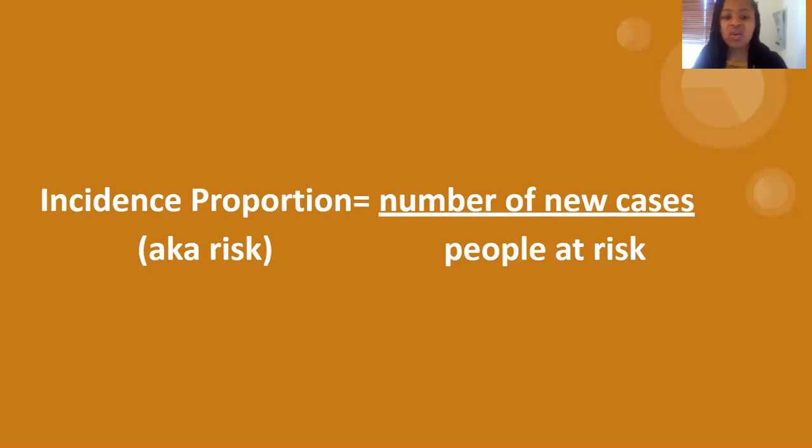And to add some nuance to that, let's say we don't know if people are at risk, and we don't know their disease status. It's really hard to get a sense of what that number of new cases means. What are we missing in that denominator, and who are we capturing? Okay.